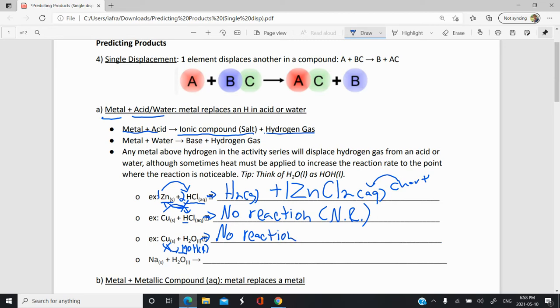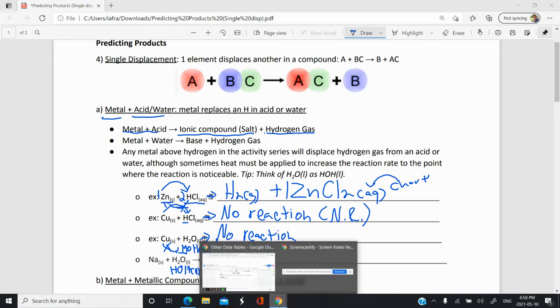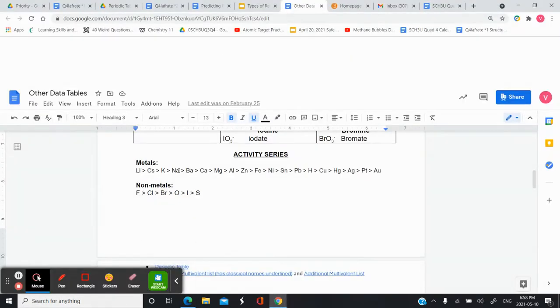Let's go take a look at this one here. Na plus water, so I'm going to write it as HOH, liquid there. And we have to go see if Na is higher than H in our reactivity series. Na is way over here, and H is down here. So Na wins, it's able to knock H out.